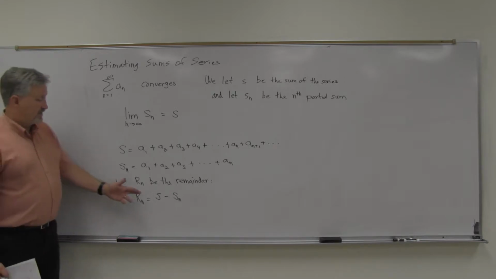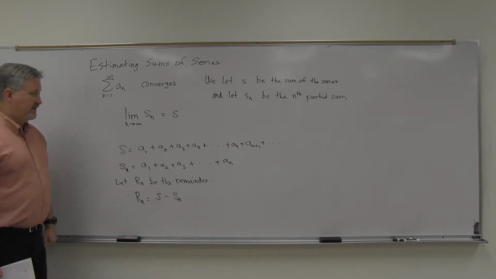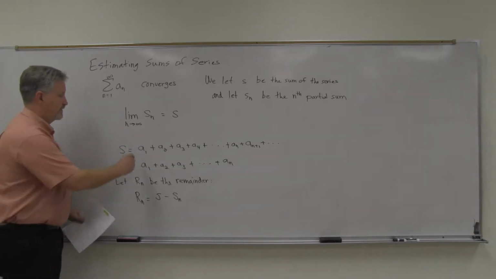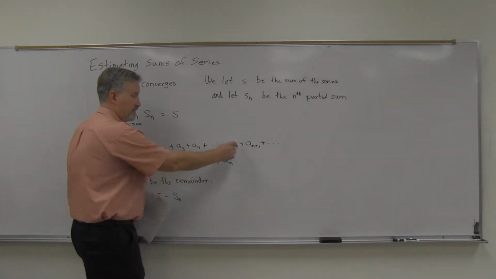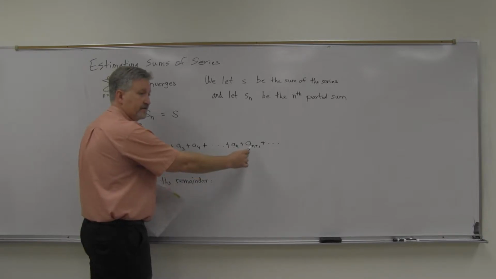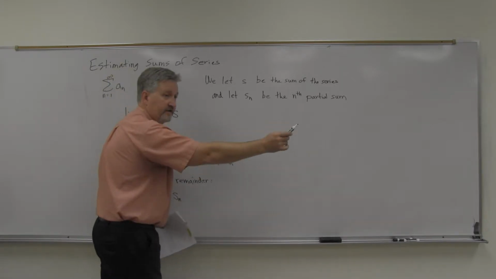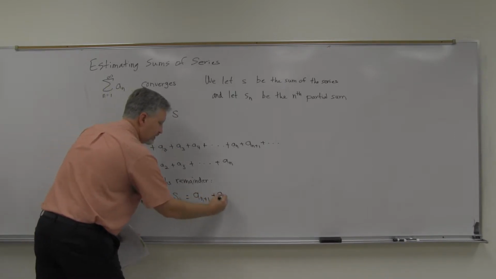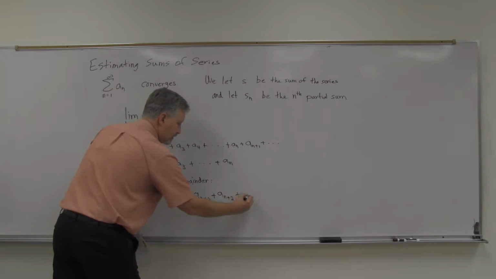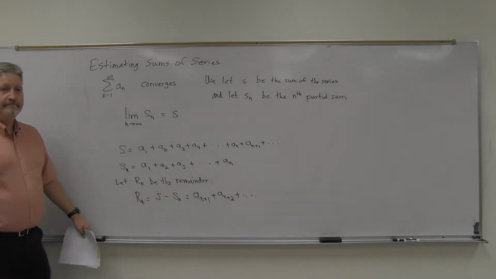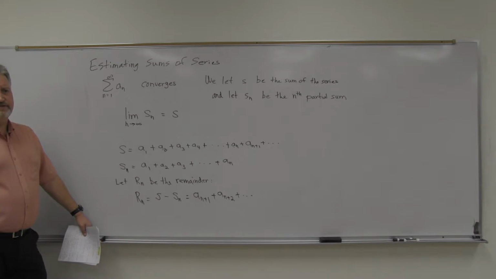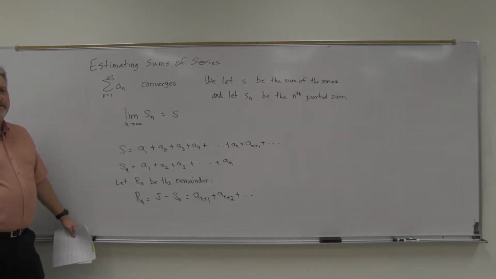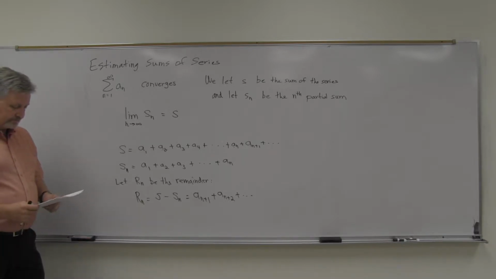So what would happen if I take S and subtract S sub n? All these terms get wiped out, up to a sub n, and what's left is a sub n plus 1 out to infinity, right? So that's what R sub n is. It's just the remainder, what's left over when you take away S sub n from S.